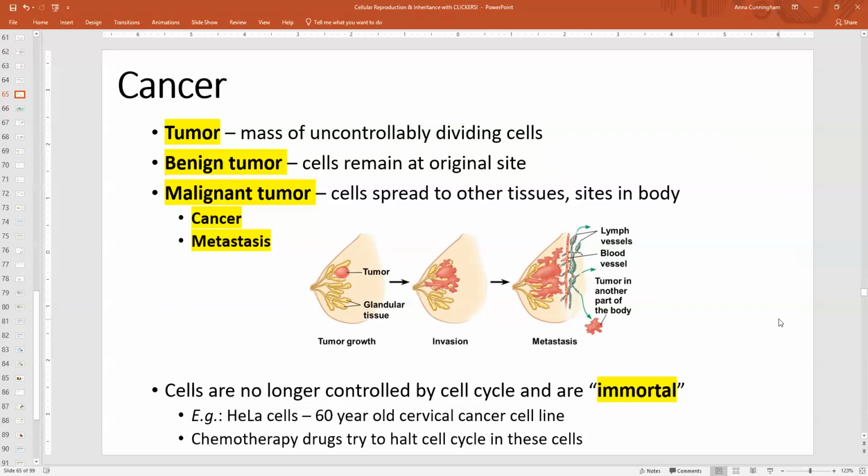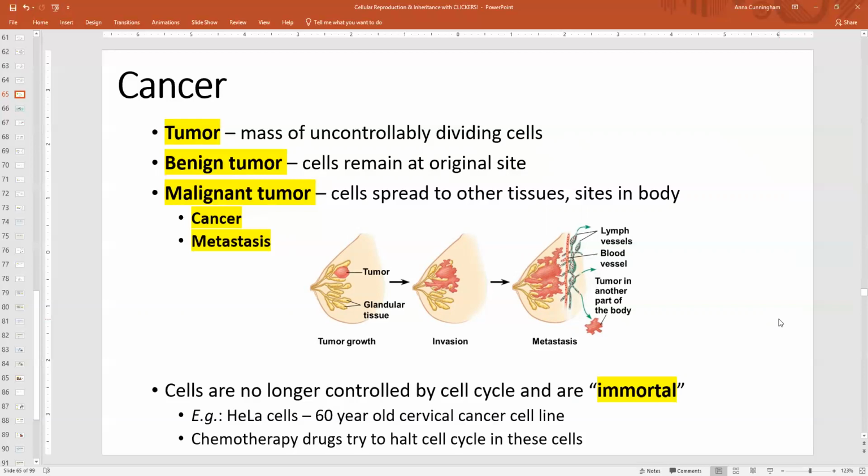So immortal cells are basically taken from a tumor, wherever that comes from, and then we can just perpetuate them and grow them in a lab. One of the most famous examples of an immortal cell used in the lab is HeLa cells, which I have as the example down here.